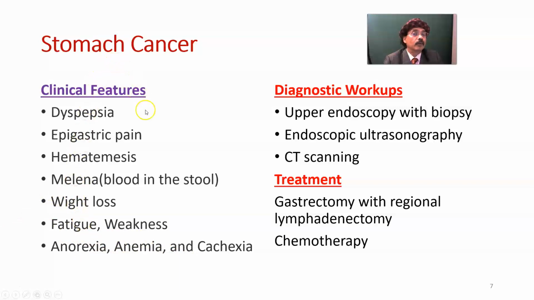These are the clinical features of stomach cancer.